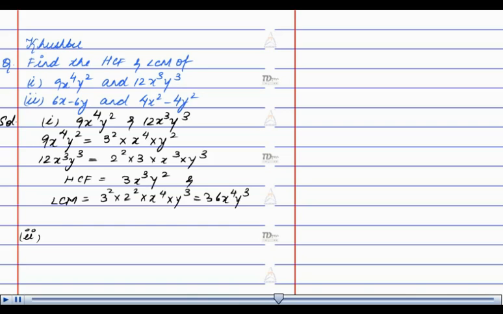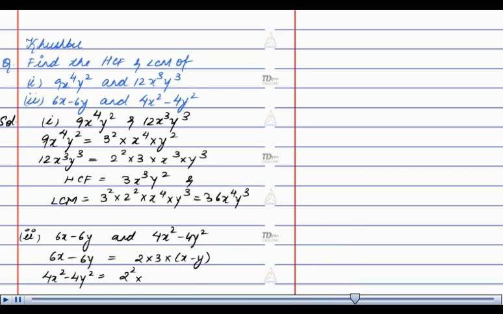Taking up the second one, that is 6x minus 6y and 4x square minus 4y square, we get on factorization of 6x minus 6y 2 into 3 into x minus y, and on factorization of 4x square minus 4y square 2 square into x square minus y square, which can be written further as 2 square into x plus y into x minus y.